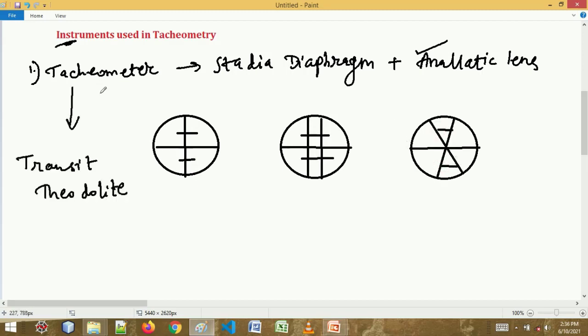As I told you earlier, a tachyometer is nothing but a transit theodolite which is having a stadia telescope, that is, a telescope which is fitted with a stadia diaphragm. That is a telescope equipped with two horizontal lines.